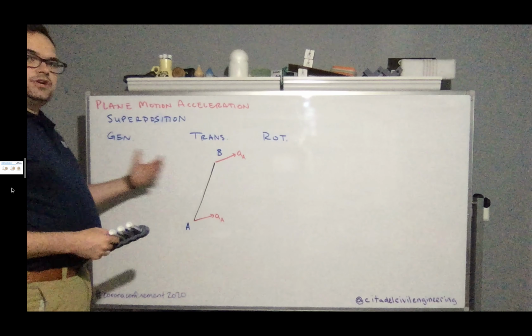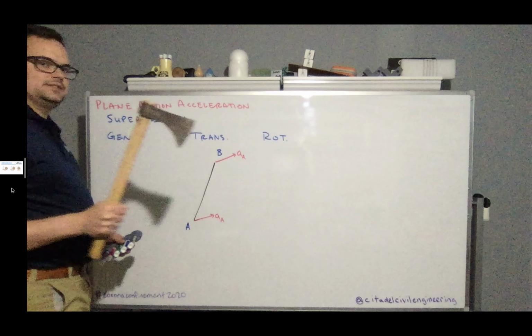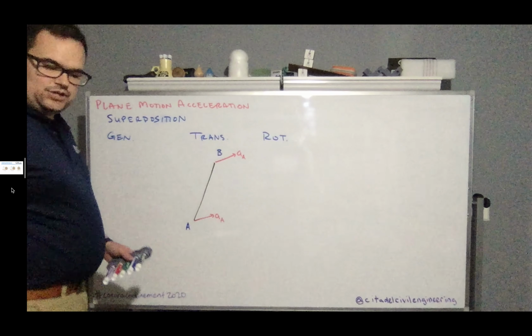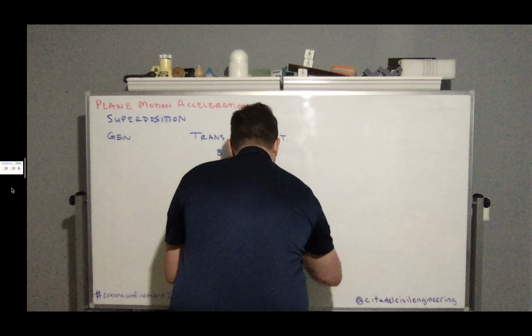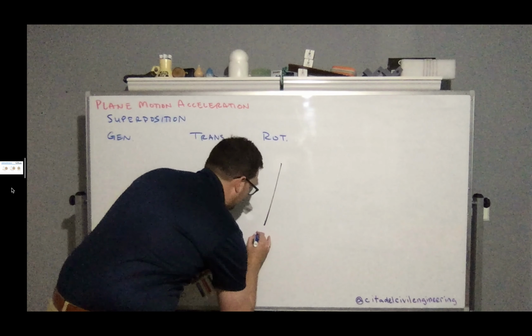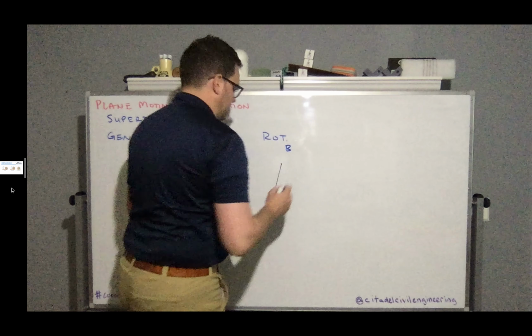But for our general motion, if we throw the tomahawk, it isn't just translating. It's also rotating. And so when we look at the rotation component, we're going to take our known location of rotation, which is down here at point A, around the handle, and point B, up here where the head is.